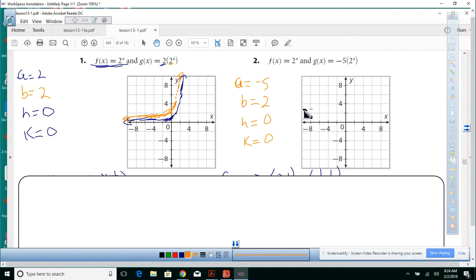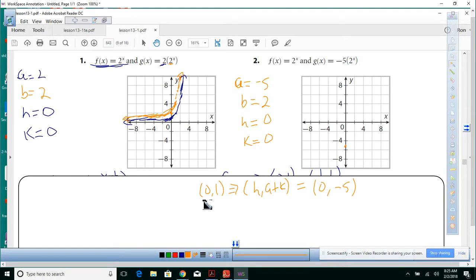So we're going to have 0, 1 will be h, and then a plus k. So h is 0, and then a is -5 plus k. That's going to give me -5. So 0, -5, we'll say that's about right there.